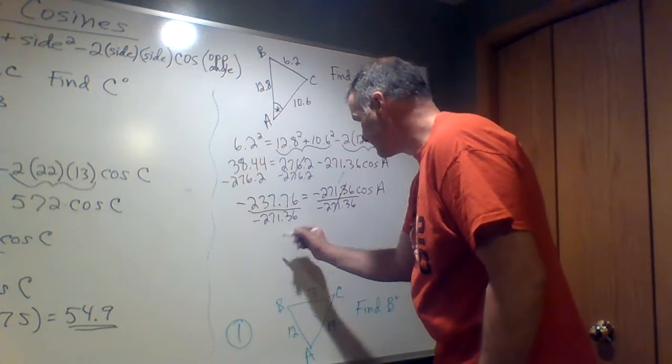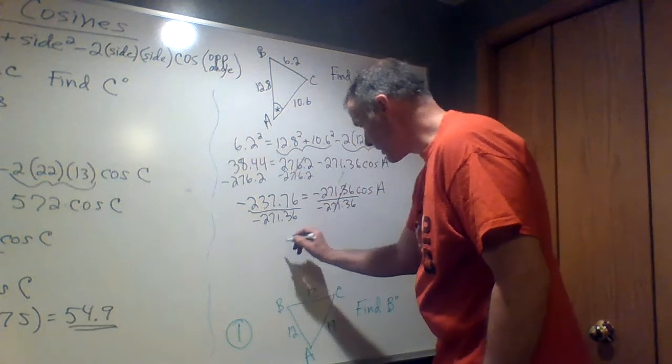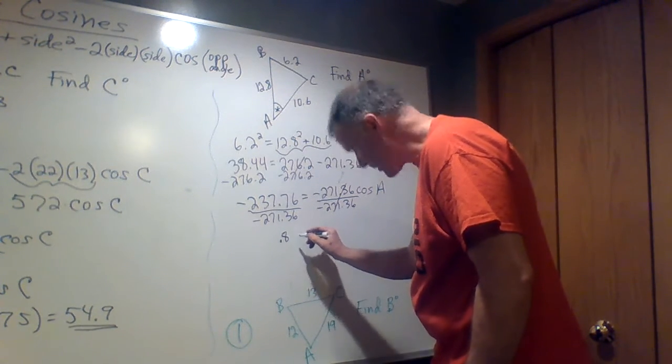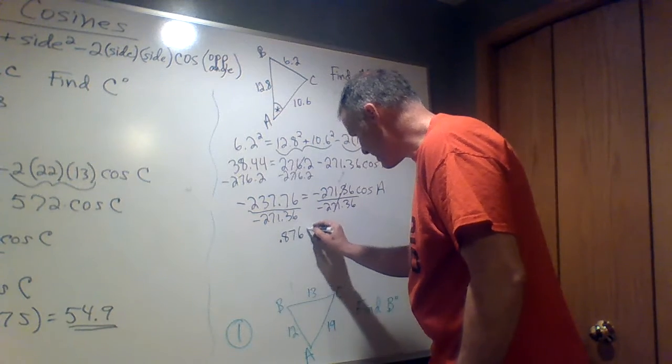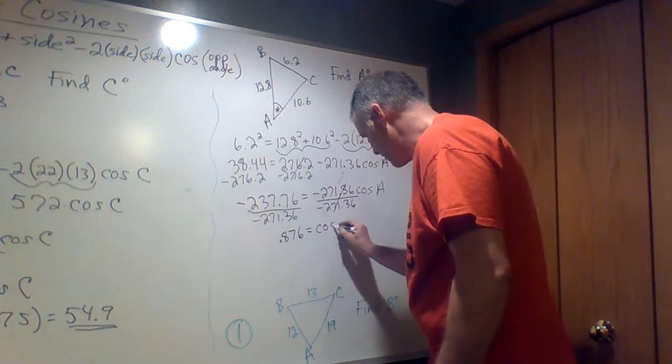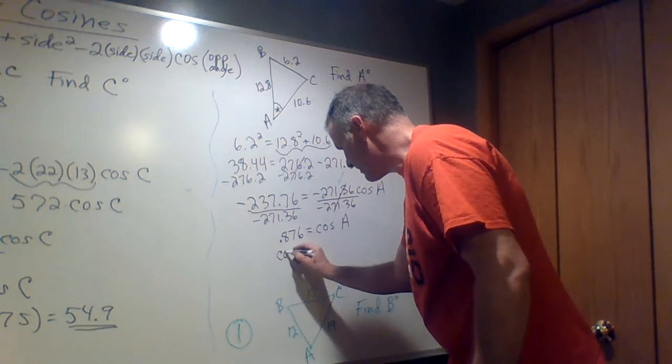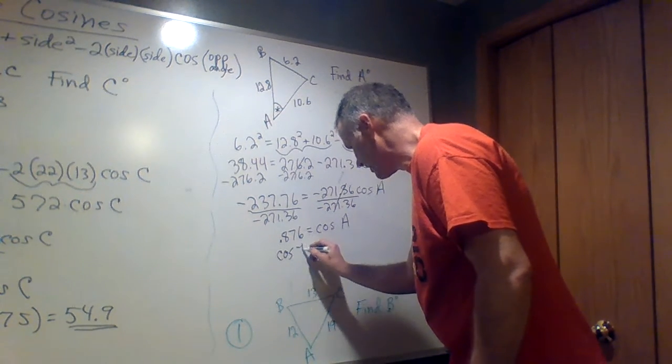This is that big decimal: 0.876 equals cosine A.